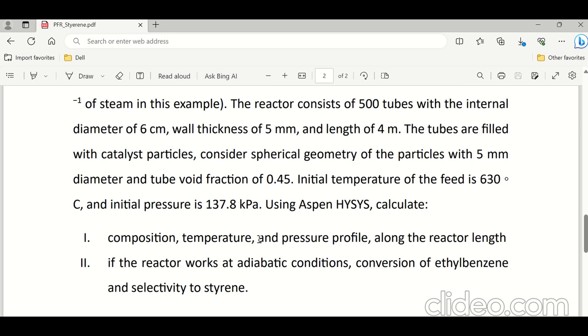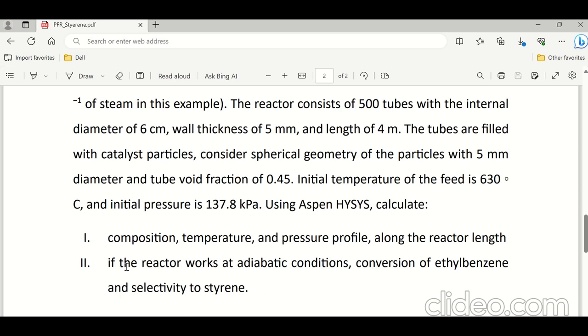We are asked to use Aspen HYSYS and calculate the composition, temperature, and pressure profile along the reactor length. That means that when the feed moves along the reactor, how do the composition, the temperature, and the pressure change.